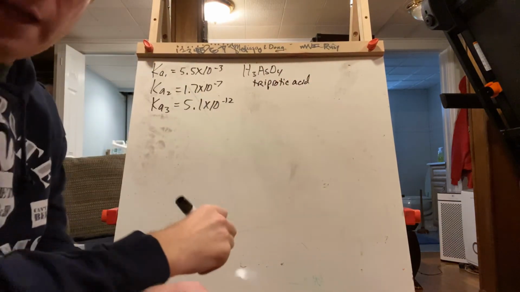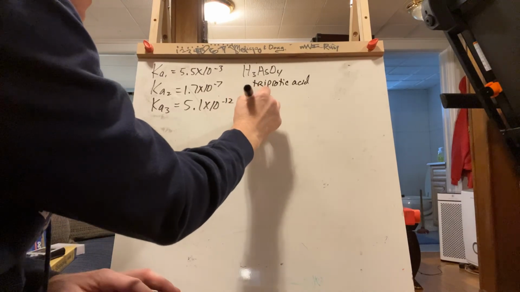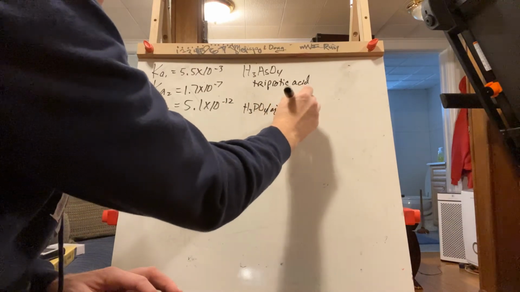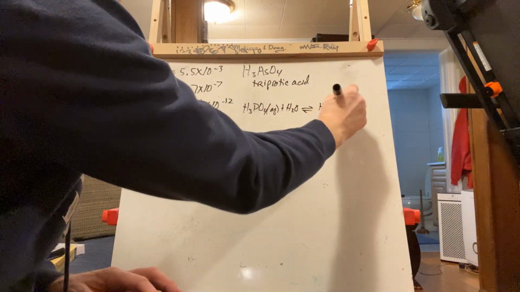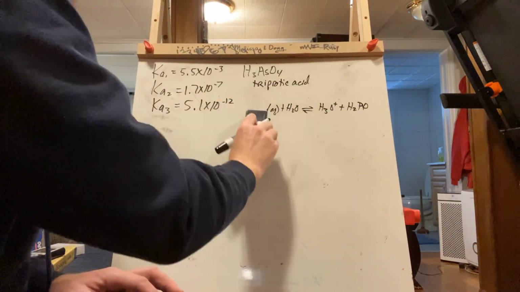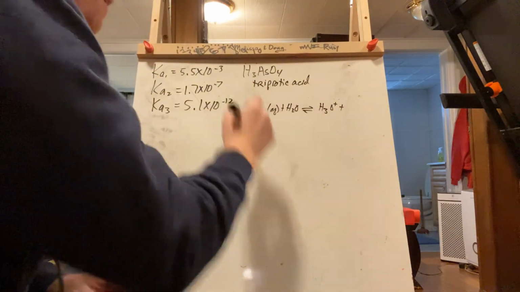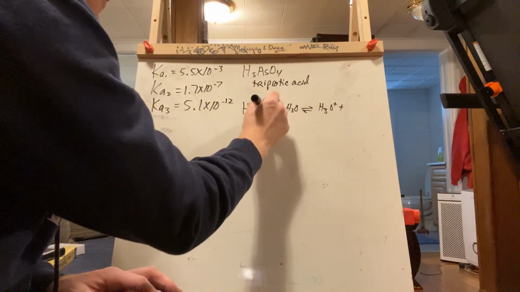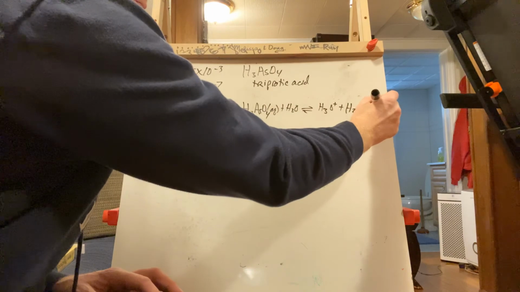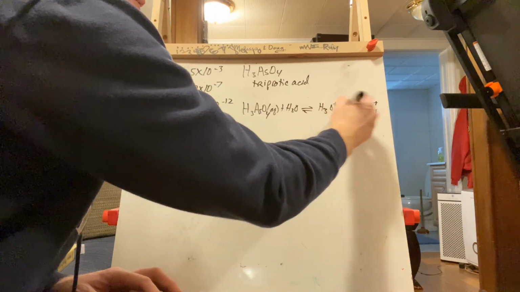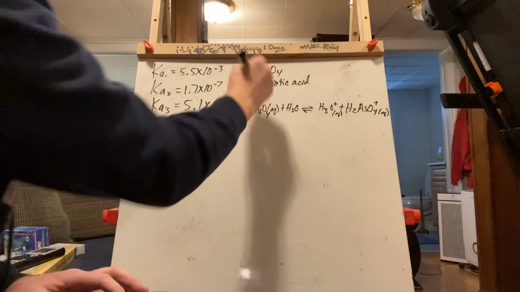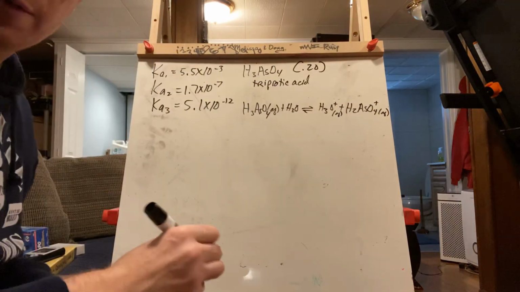So the first reaction is H3AsO4 (aq) plus water forms H3O+ and H2AsO4-. Both of these are aq, and it says it's a 0.2 molar triprotic acid.